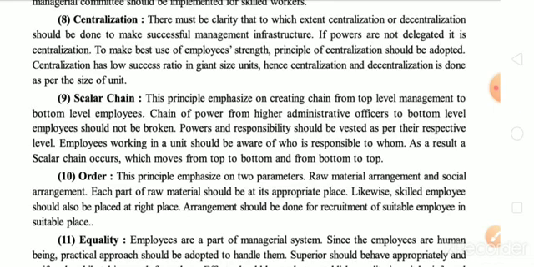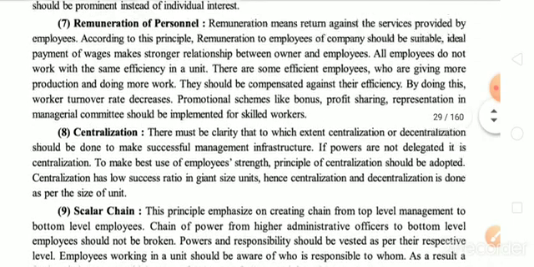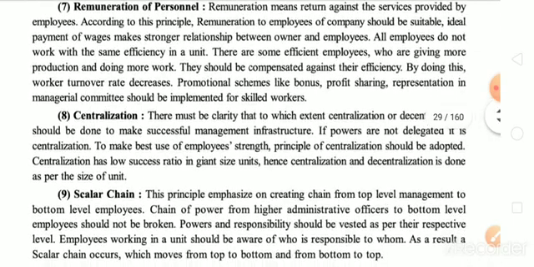So, today we conclude our session here. In today's lecture, we discussed mainly three principles of management. First is remuneration of personnel, where we discussed that the remuneration of employees should be suitable.